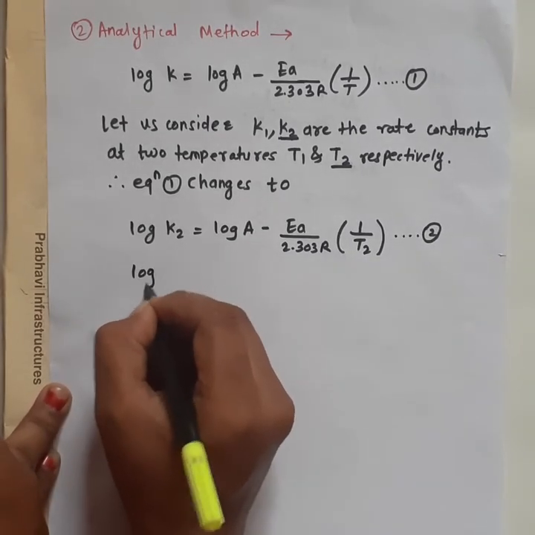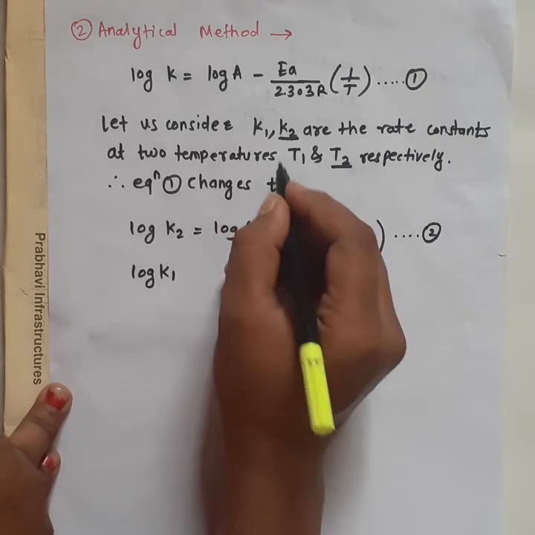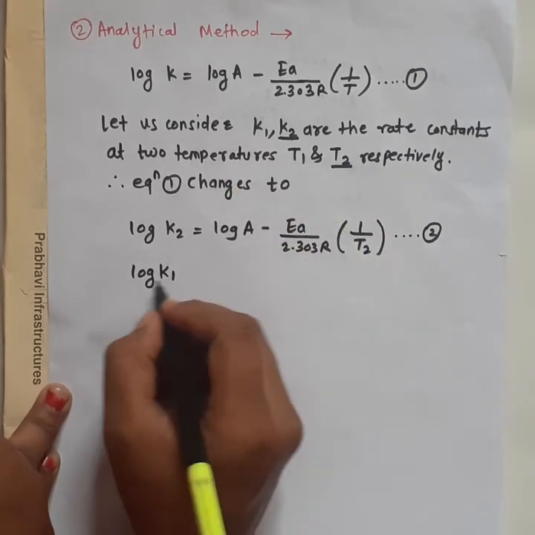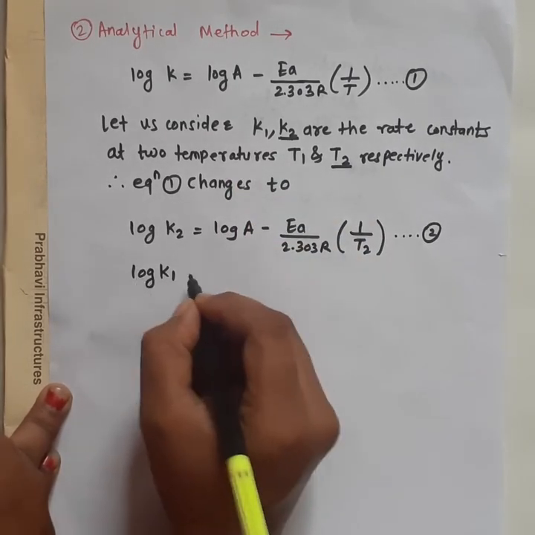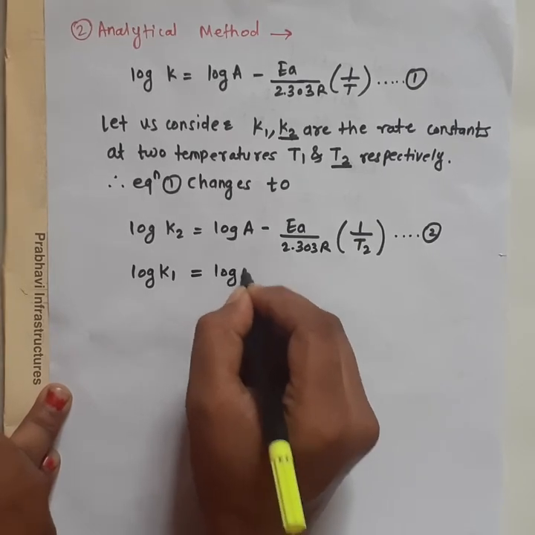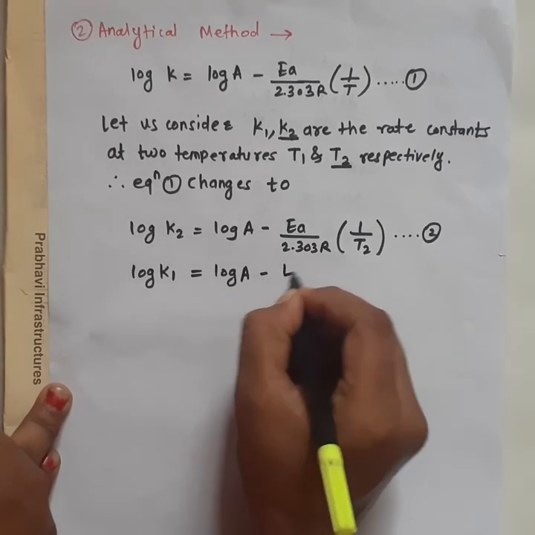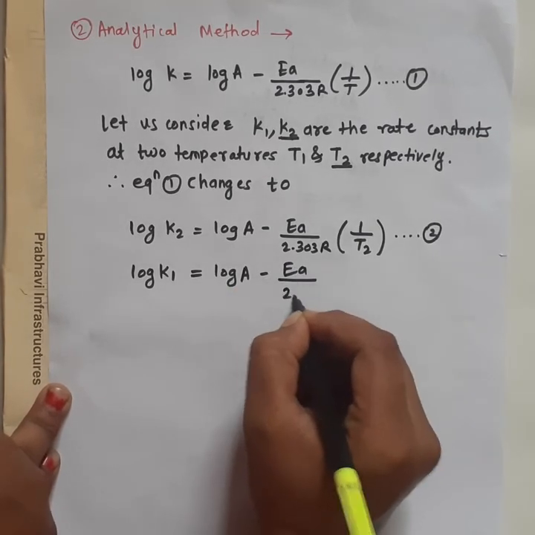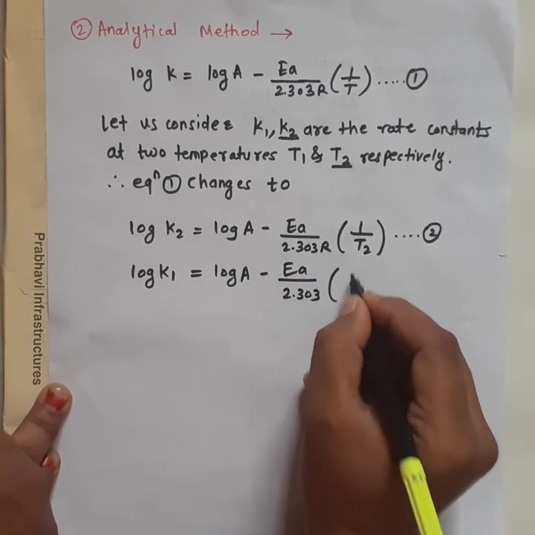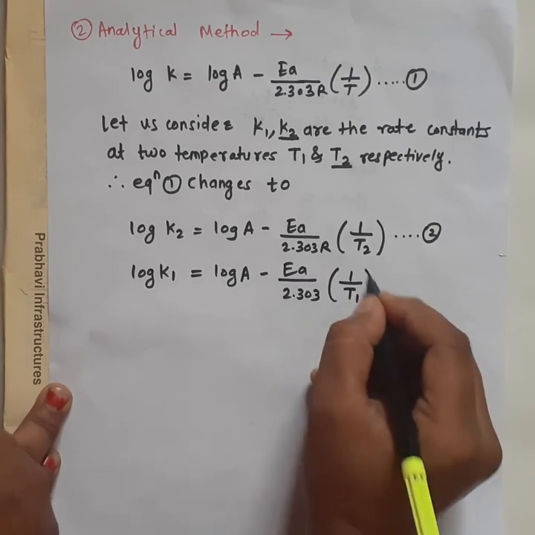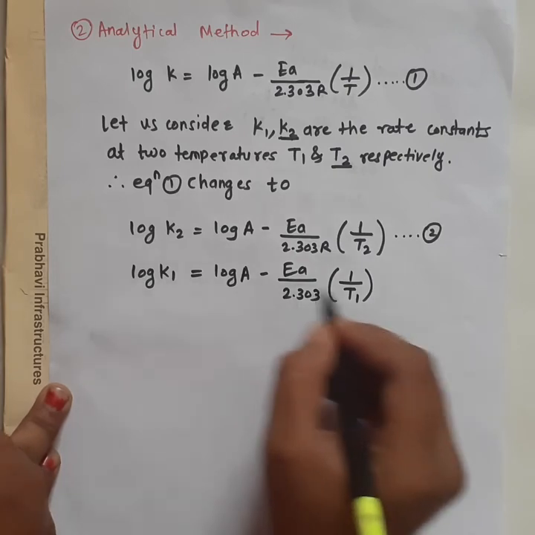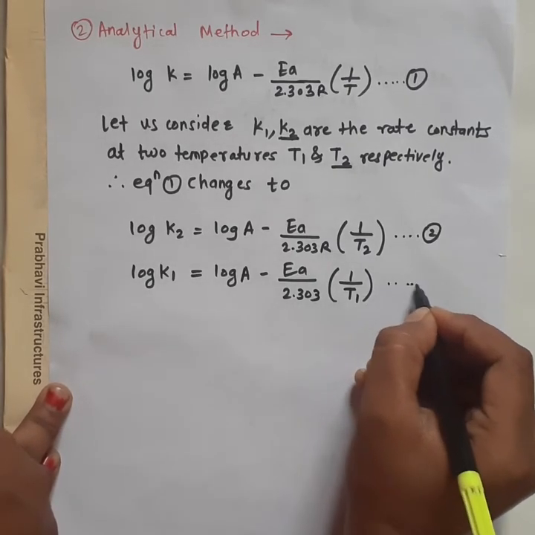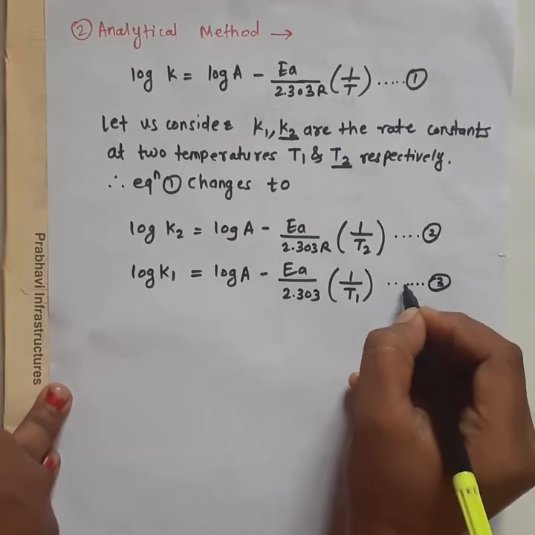And for rate constant K1 and temperature T1, log of K1 is equal to log A minus EA upon 2.303 R into 1 upon T1. This is called equation 3.